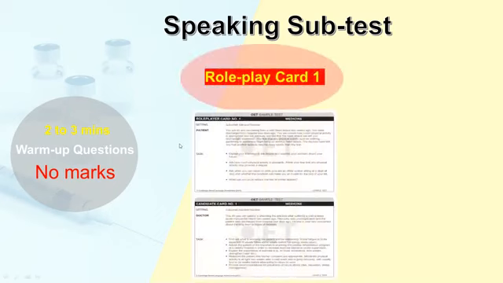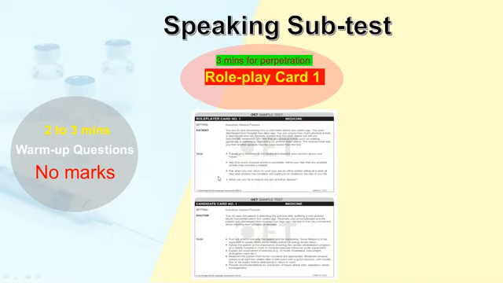After that, the first role play card will be given. This is the figure of the card, and here is your profession, and this is the role play of the interlocutor or OET representative.